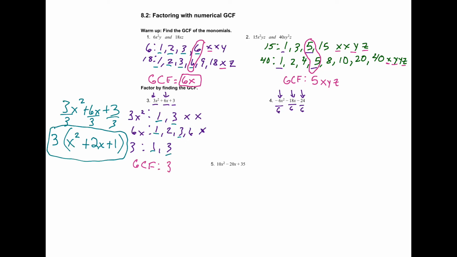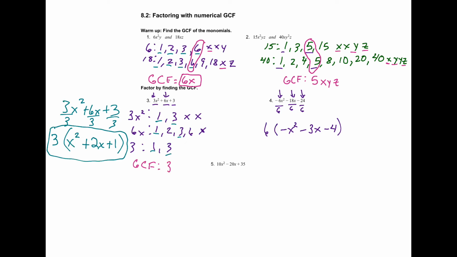And when I divide each of them by 6, I get a negative x squared minus 18 divided by 6 is 3, so minus 3x, and 24 divided by 6 is going to be 4. And that looks done, but there is one more thing I can take out, and that's actually that negative 1, right?